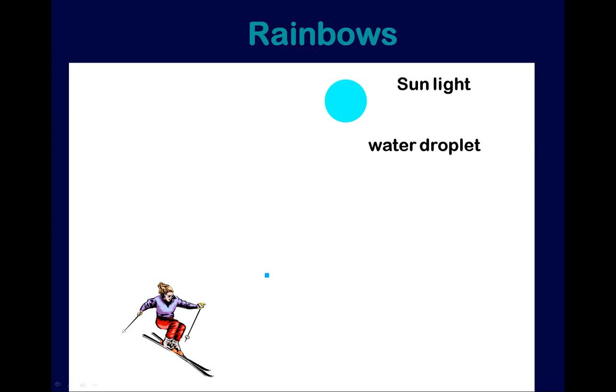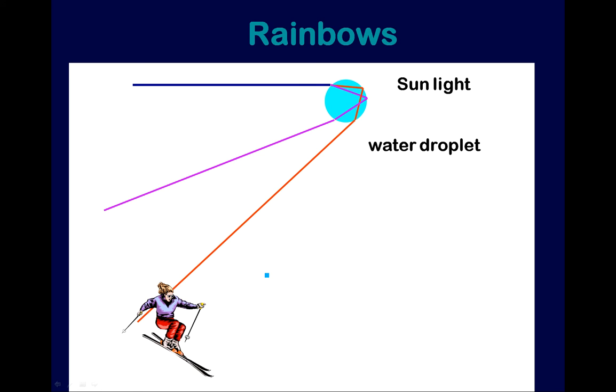And one really cool example of both internal reflection and dispersion would be a rainbow. A rainbow works when light rays come in. So this is white light from, say, the sun, coming in at some incident angle. It comes into a droplet of water in the air, and just like a prism, this water droplet will disperse the light.